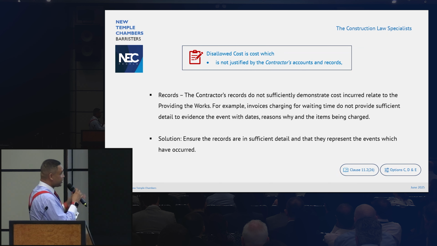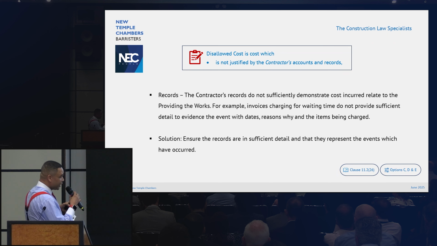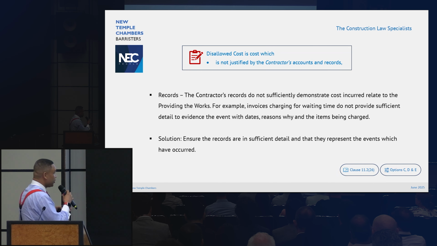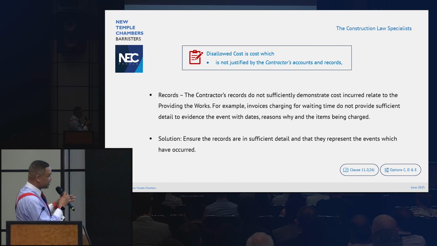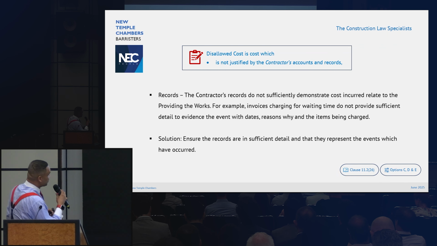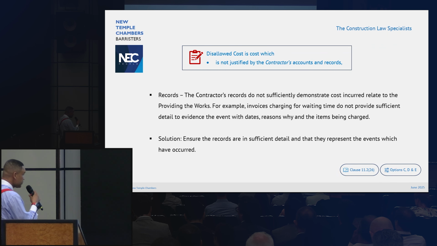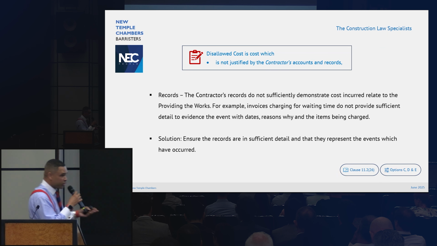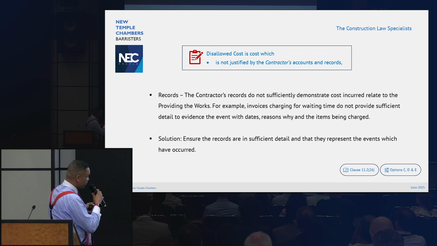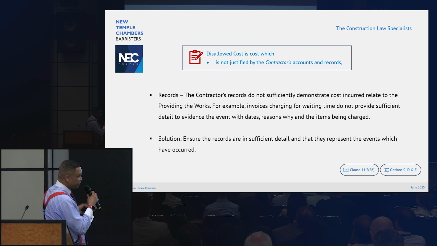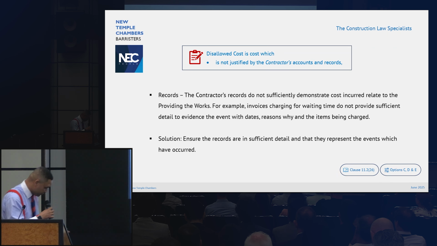Poorly drafted timesheets, where you don't actually cover in full the reasons and exactly why, for it to be classed as defined costs. So what level of detail is required within those records in terms of events that have occurred to ensure that those costs are not disallowed?